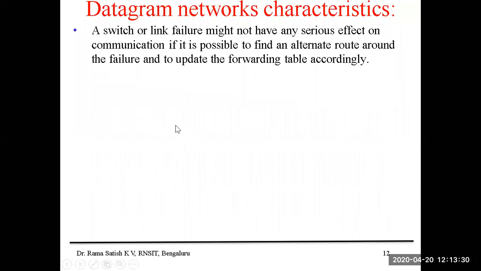And a switch or link failure might not have any serious effect on the communication if it is possible to find an alternate route around the failed switch. Certainly, once the switch fails, automatically the other switches will update the forwarding table accordingly and forward the incoming packet to the appropriate port.